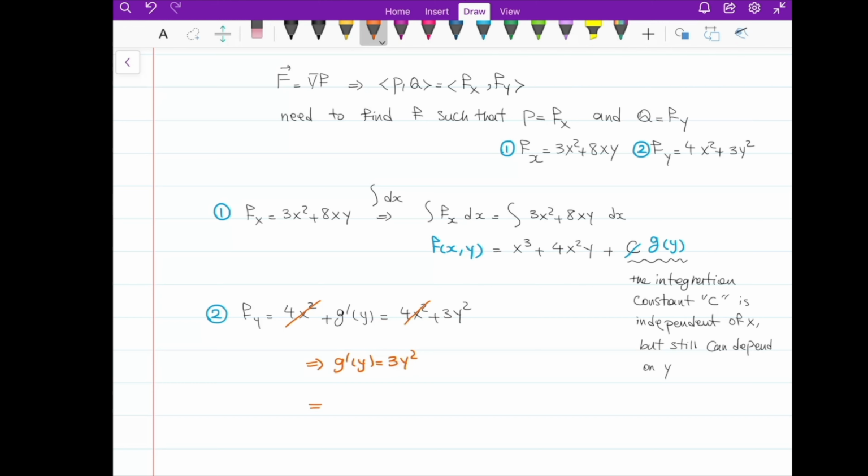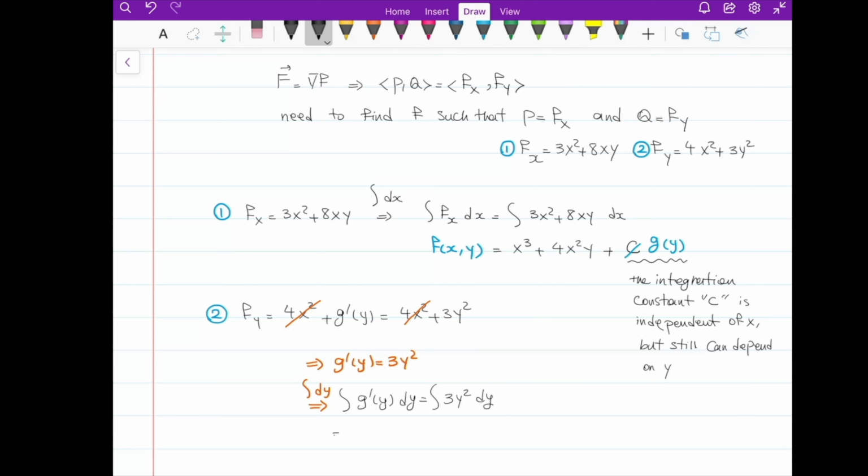So now what I'm gonna do, I'm gonna take the integral of this with respect to y. I have what? I have the integral of g prime of y dy is equal to integral of 3y squared dy.